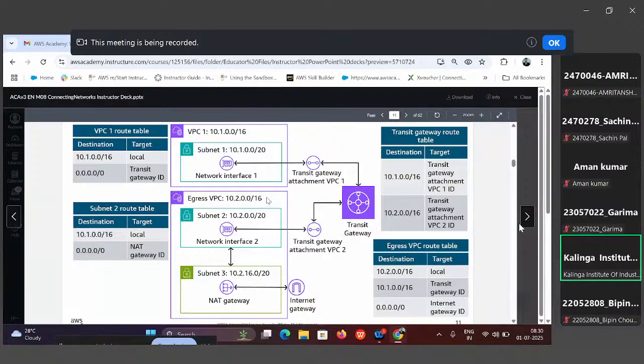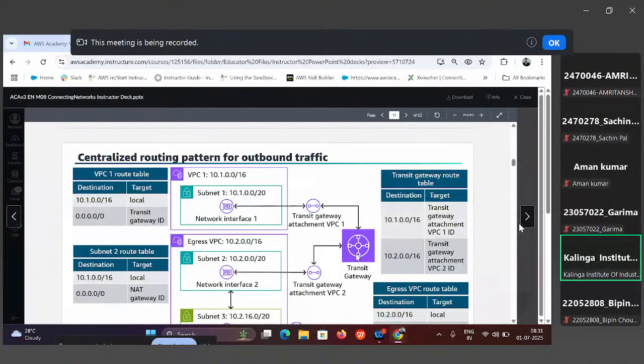You can refer to 10.2.0.0/16, that is for the local, and 10.1.0.0/16 is for the transit gateway ID, which will be connected to this VPC, because the transit gateway will be attached to all the VPCs.